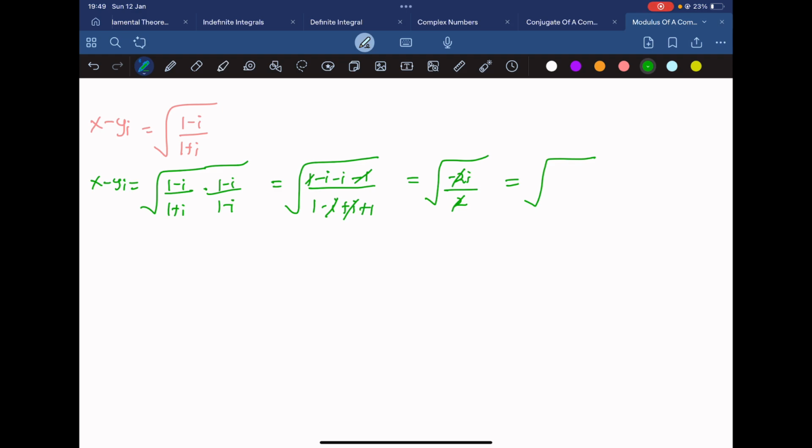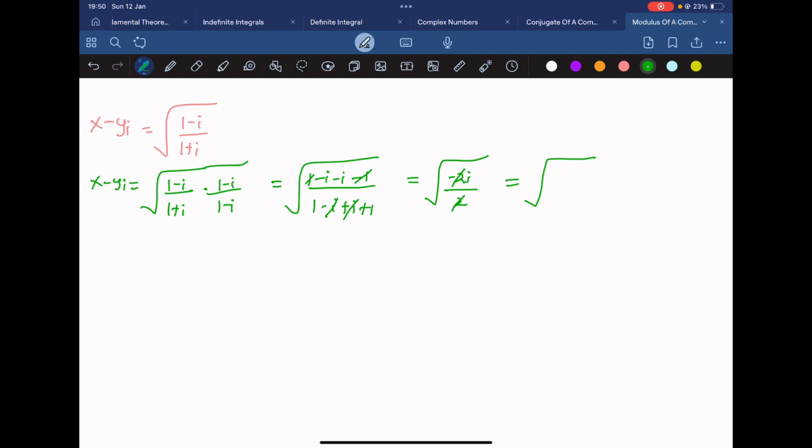Wait, did I make any mistake right here? So let's see if we did the FOIL method right. So 1 by i. Okay, so we have 1. We had minus i. Okay, then we have 1.